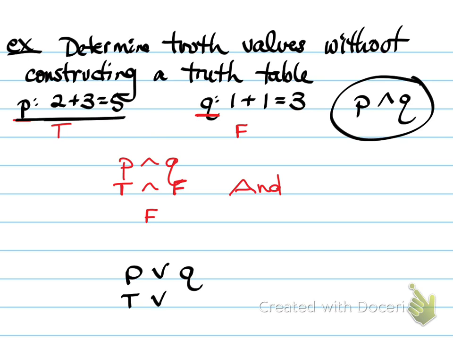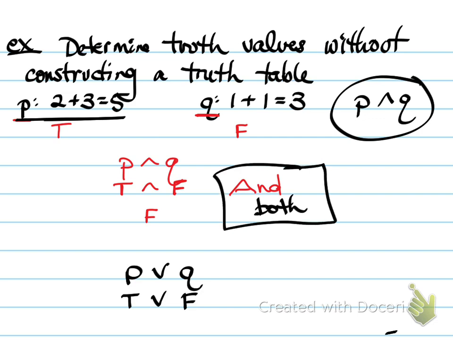Or Q is false. And now we have to decide for this disjunction, is this going to be enough to make it true, or is this a false? Well, with ors, for ands, you have to have both true to be true. But for an or, at least one of them has to be true. So this is true.